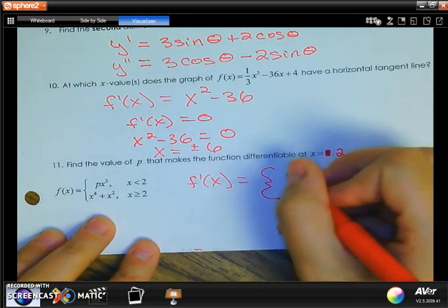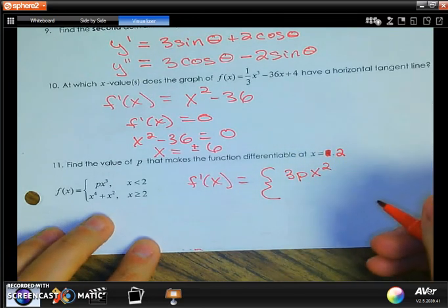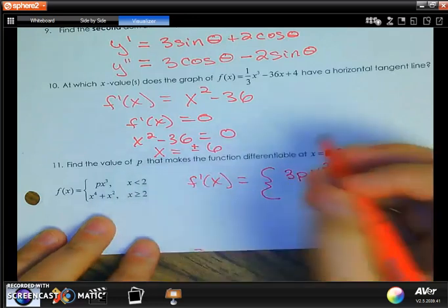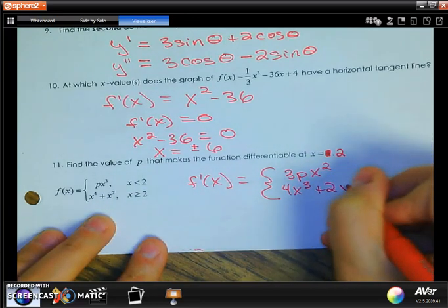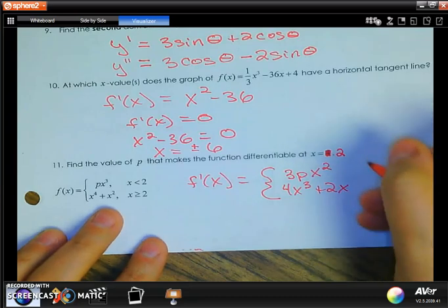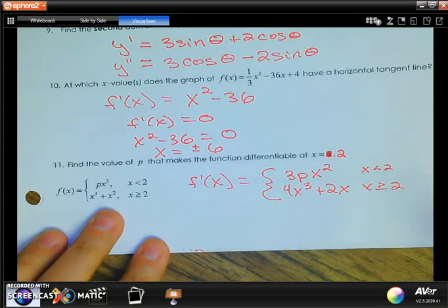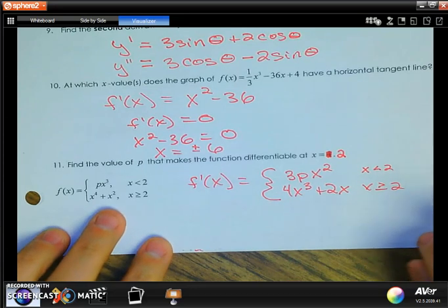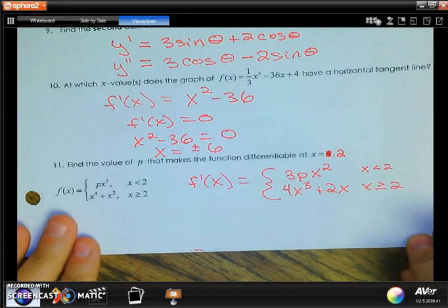So you would just say it's 3px squared. Okay, and then the derivative of this piece over here is going to be 4x cubed plus 2x. And again, these restrictions are the same over here, right? This is for when x is less than 2, and this is for when x is greater than or equal to 2.